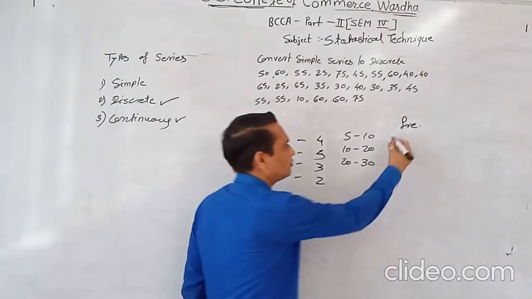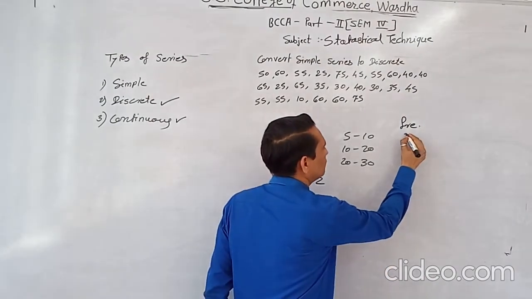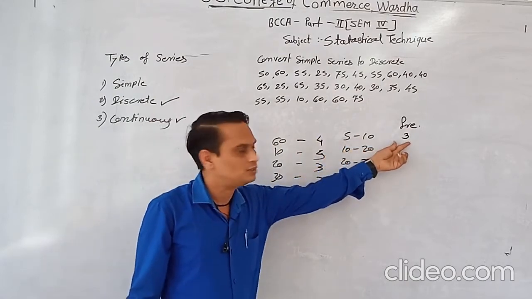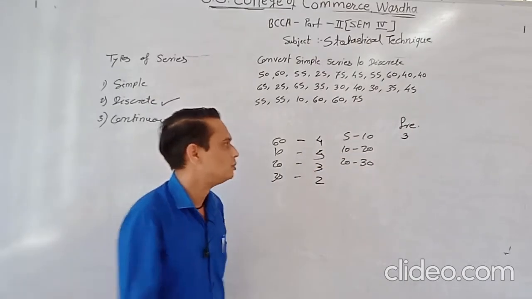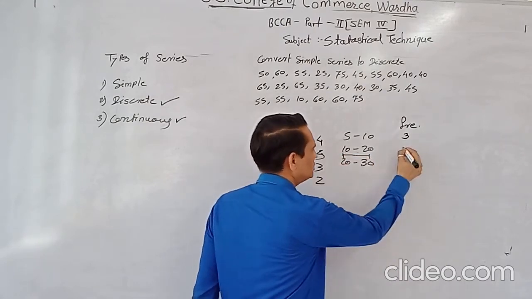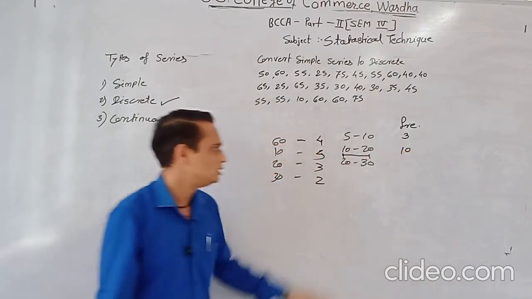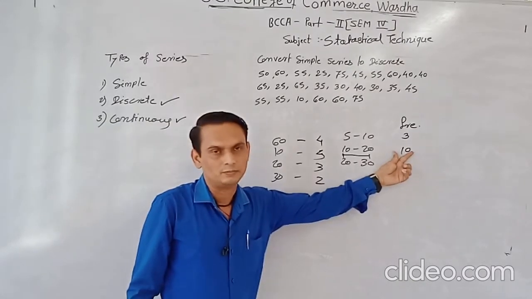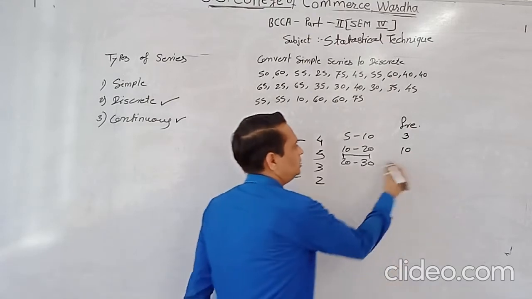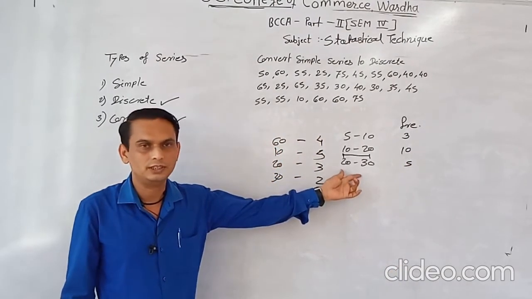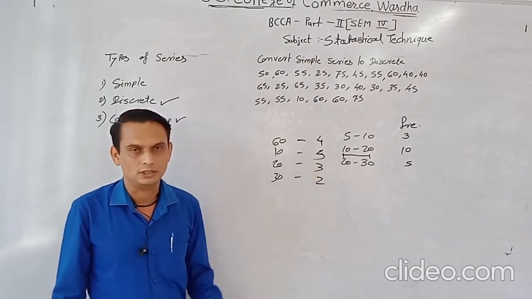That number is its frequency. Just like if 5 to 10 has 3 values, 10 to 20 has 10, it means the group of values has frequency 10, and 20 to 30 has, say, 5. This form of series is called a continuous series.